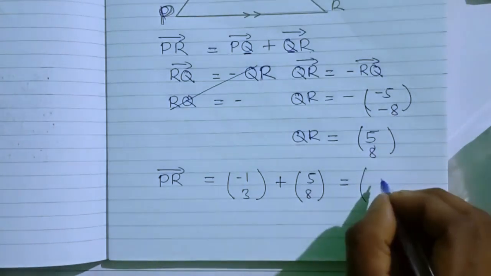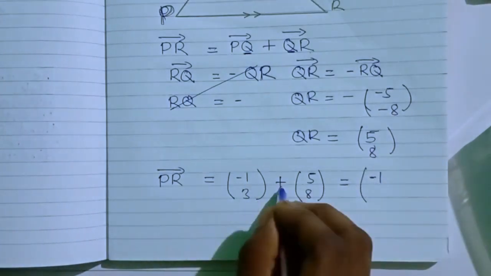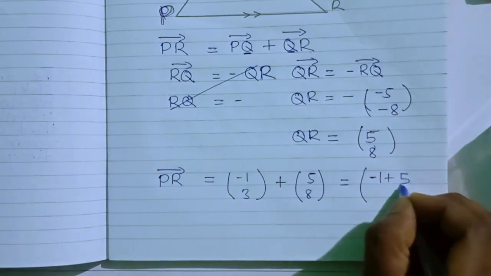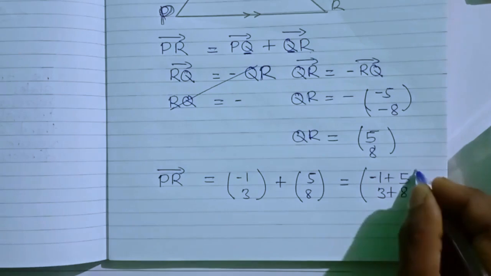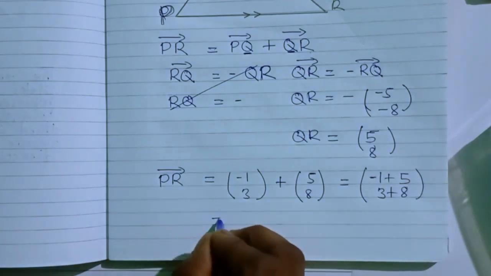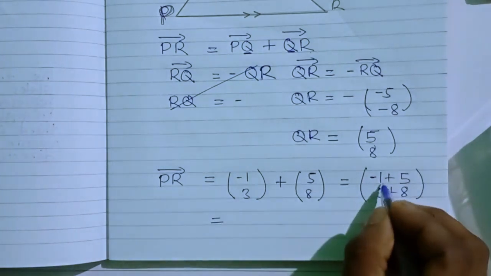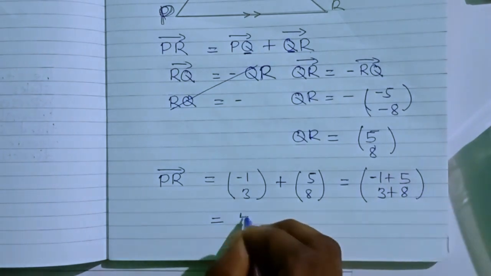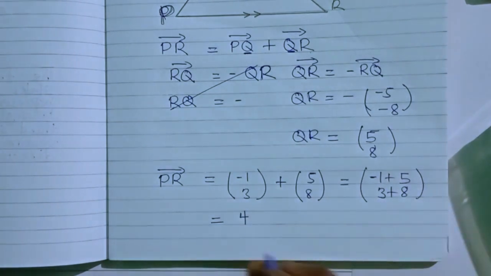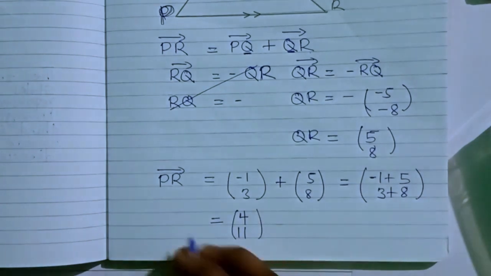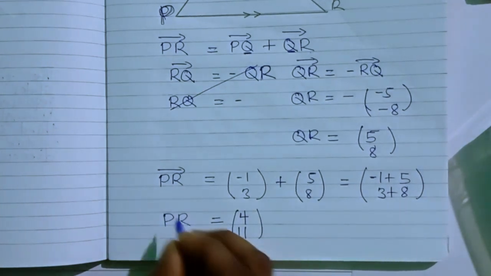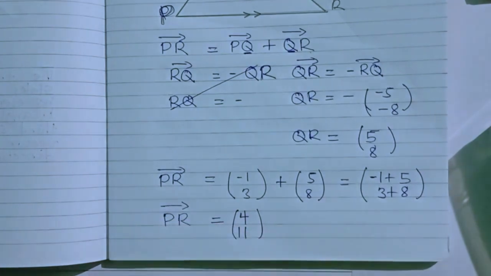I'll get negative 1 plus 5, and 3 plus 8. Now, negative 1 plus 5 will be 4, and 3 plus 8 will be 11. And that is my final answer.